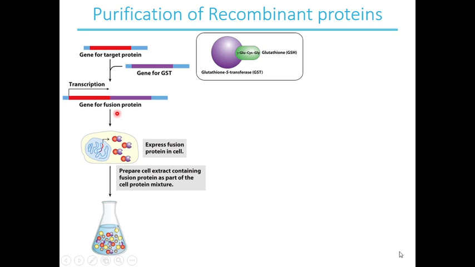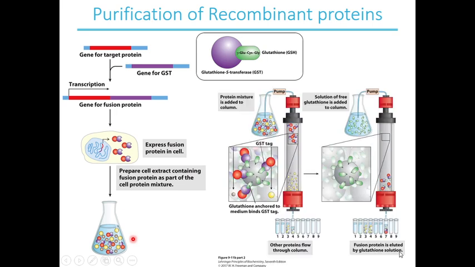Once the plasmid is cloned, it is expressed in an expression system of one's choice. The tagged protein is expressed in the cell and is present in the crude extract when cells are lysed. The extract is then subjected to affinity chromatography through a matrix with immobilized glutathione.